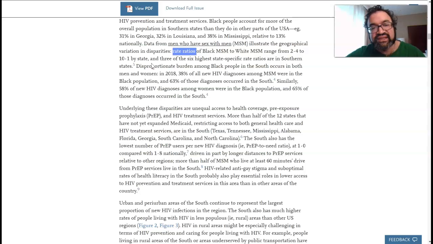So these are existing disparities within geography, and what's more important is to see the racial disparities that exist. You can also take a look at residential segregation as a corollary to this.